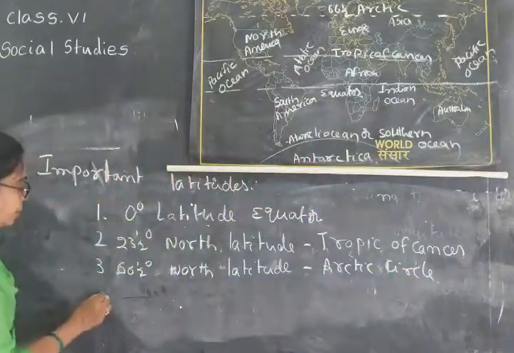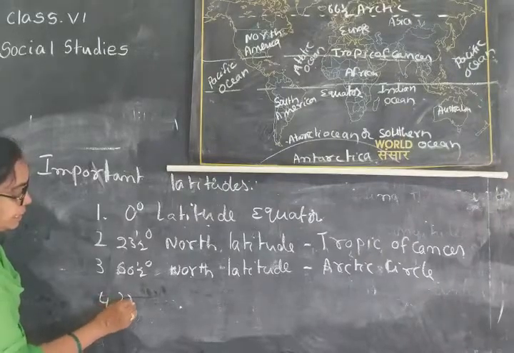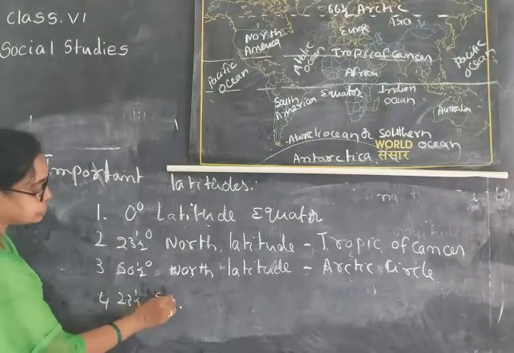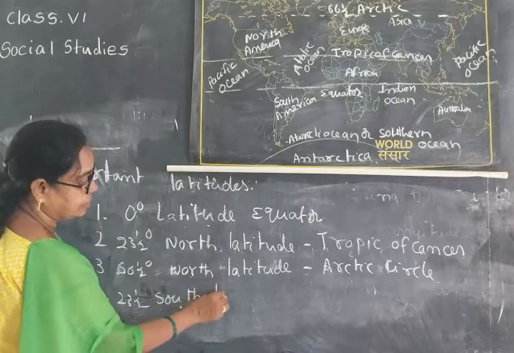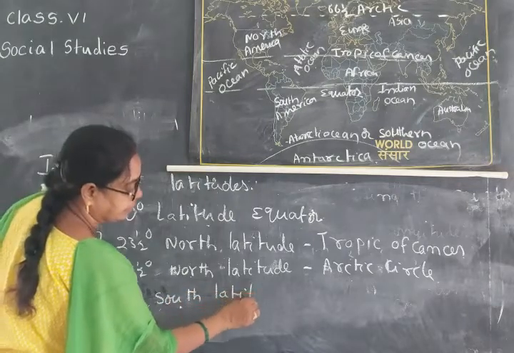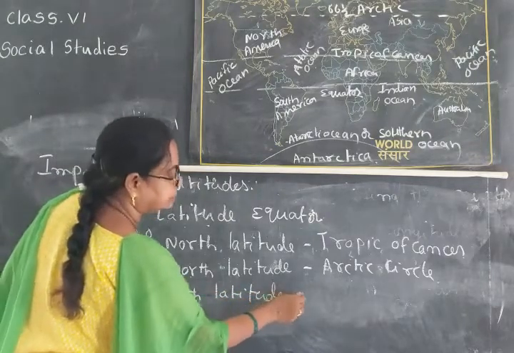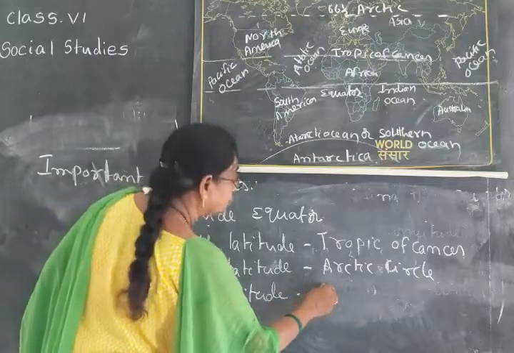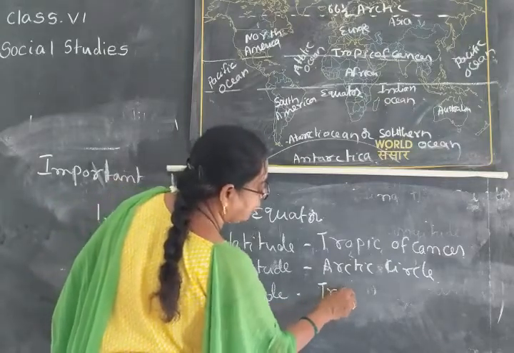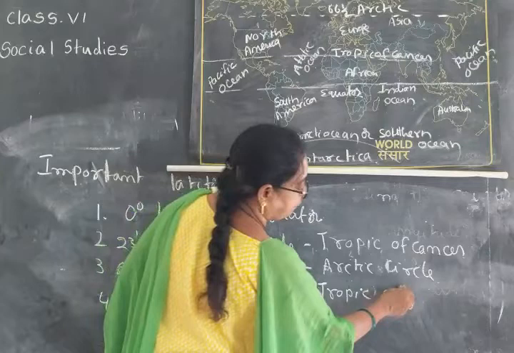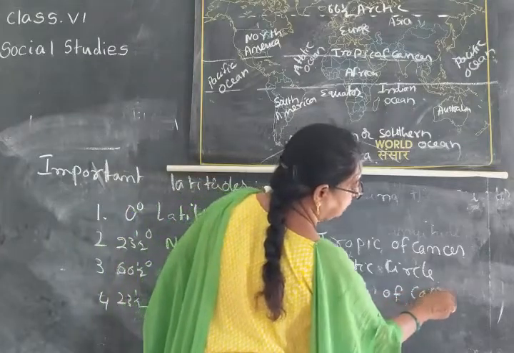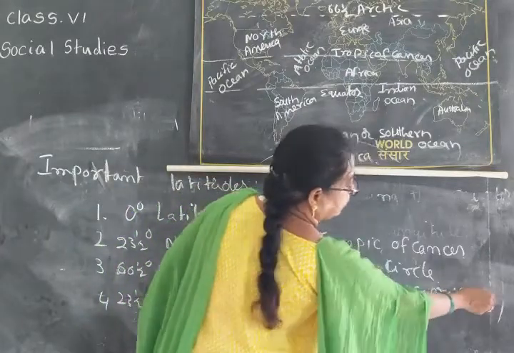The fourth one, 23.5 degrees south latitude, is called the Tropic of Capricorn.